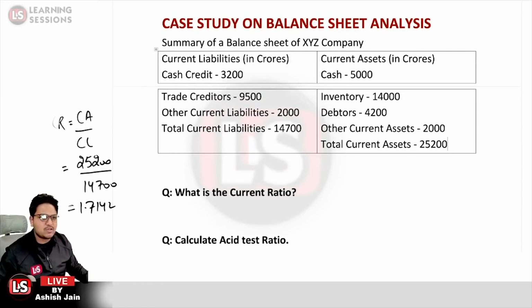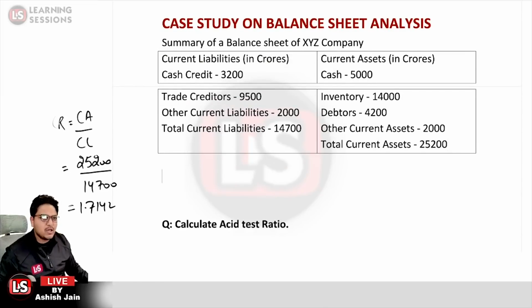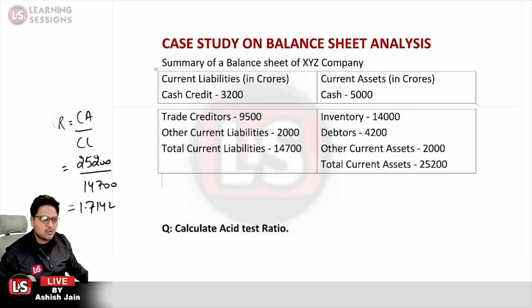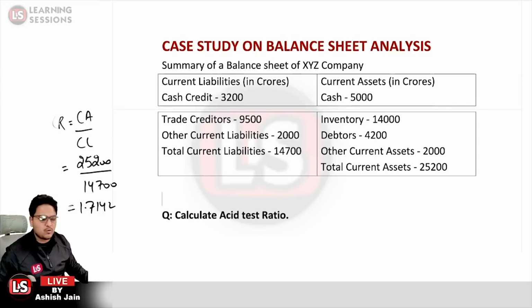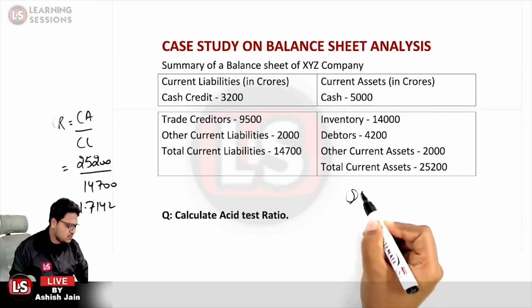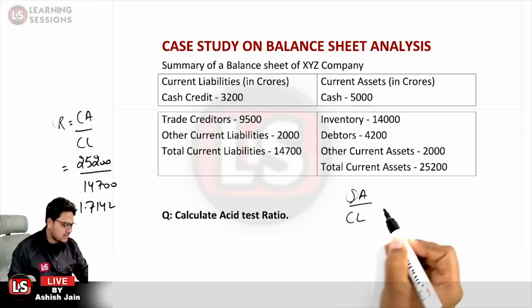So let's now move to the second question over here. It says we need to calculate the acid test ratio. Now acid test ratio or the quick ratio, one and the same thing, and further we need to ascertain the quick assets from the current assets. The formula for the acid test ratio is quick assets divided by the current liabilities.